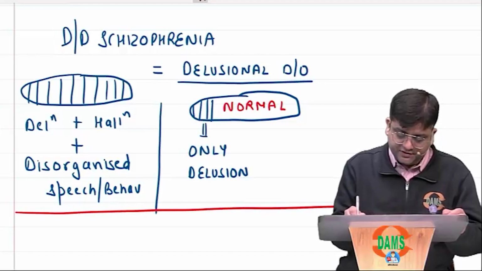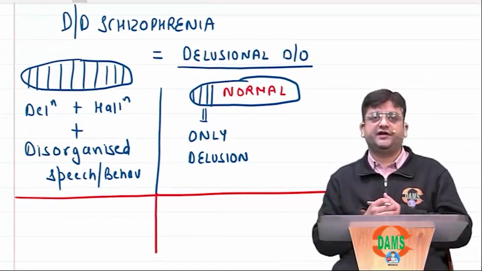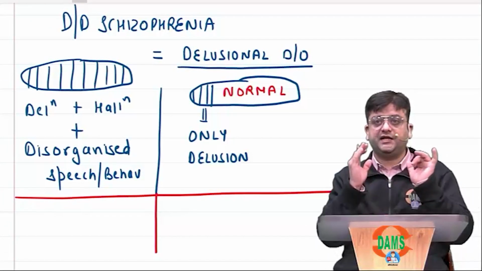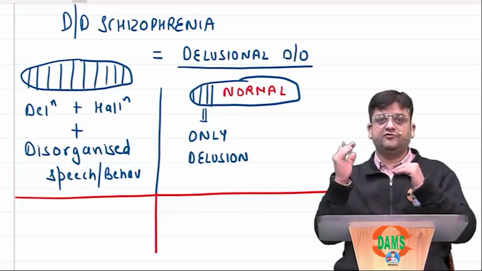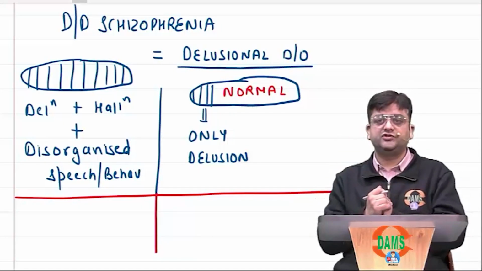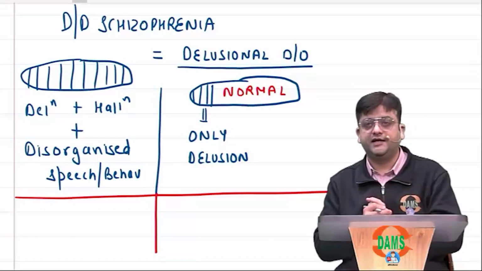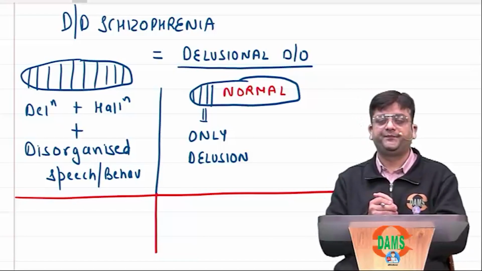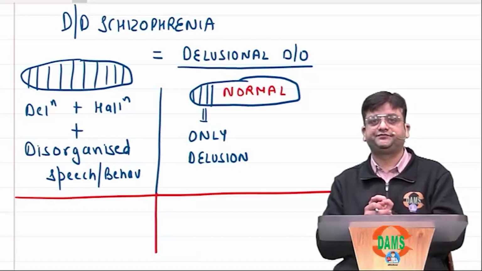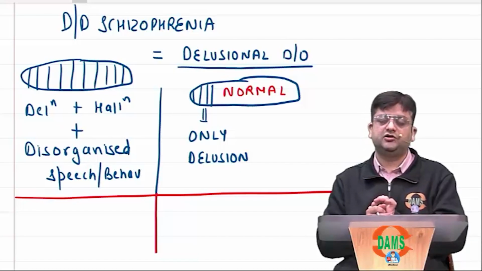This is the first point to differentiate delusional disorder versus schizophrenia. Schizophrenia is characterized by split mind, delusion, hallucination, disorganized speech, disorganized behavior, while delusional disorder is characterized by only and only delusions. All other things are normal.